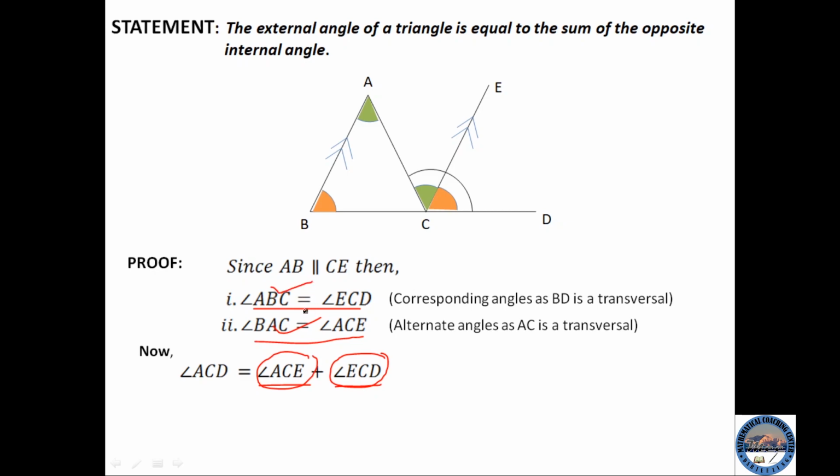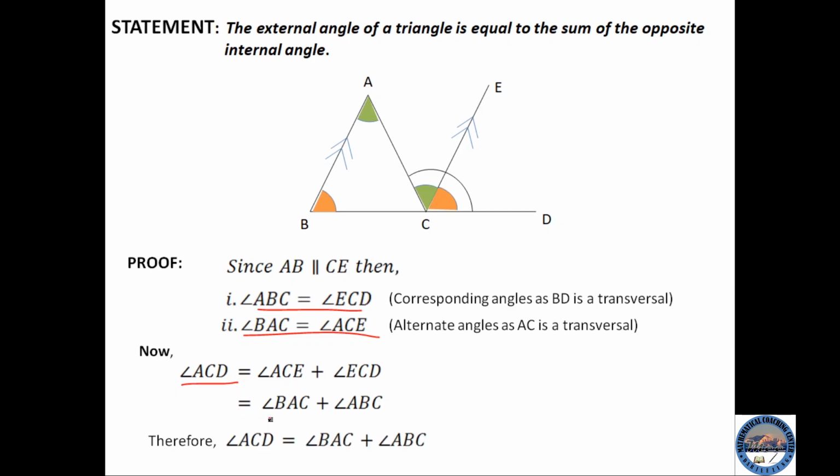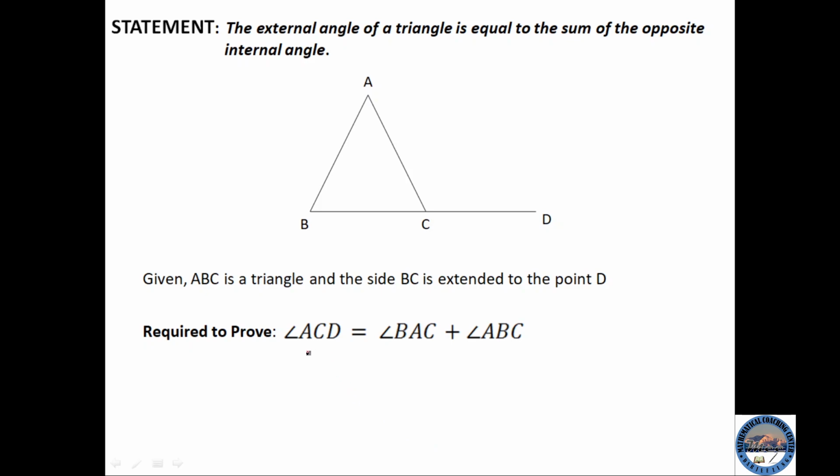In the next line, in place of ACE we are writing BAC because these two are equal, and in place of ECD we are writing ABC because these two are equal. So finally, what is ACD? ACD is the sum of BAC and ABC. This was what was required to prove: angle ACD is equal to BAC plus ABC.